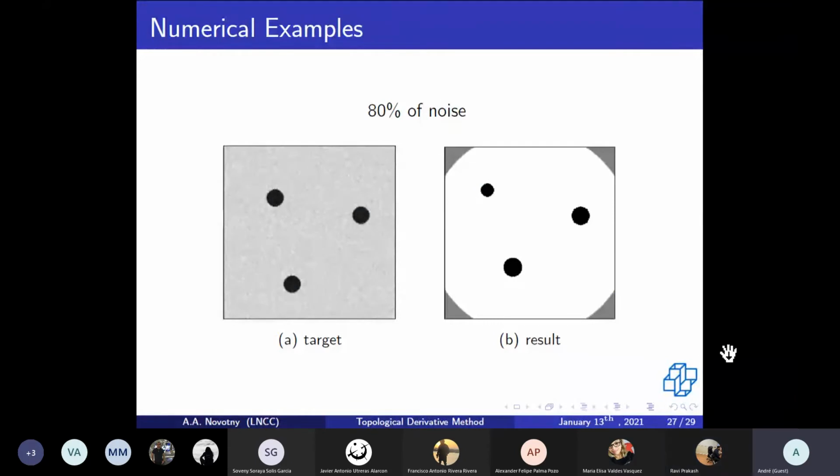Note that the target is corrupted with a very aggressive level of noise, and even so we can get a good reconstruction. Why? Because the reconstruction algorithm based on this high-order topological derivative method is non-iterative. So because of that, it's quite robust with respect to noisy data.